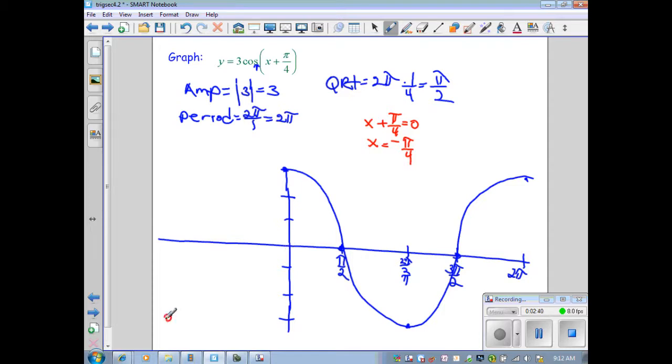So 0 minus pi over 4 gives me negative pi over 4. I have pi over 2 minus pi over 4. When I find a common denominator, that would be 2 pi over 4 minus pi over 4, which would be a positive pi over 4.